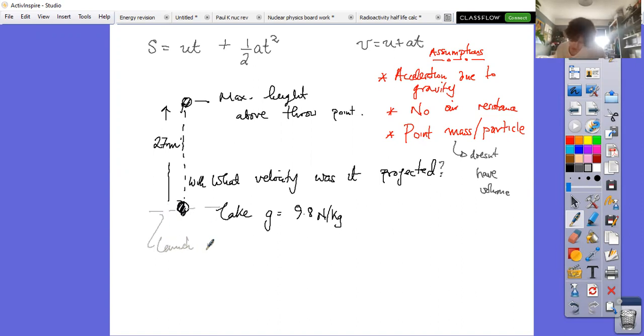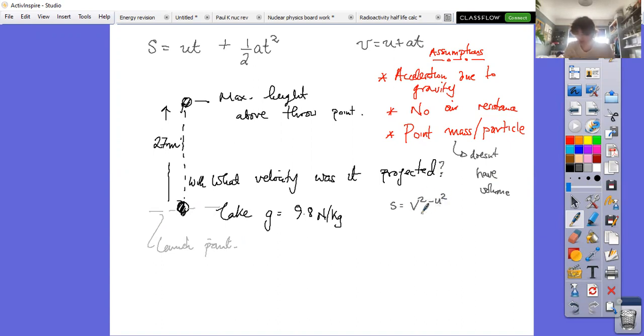I rearranged the SUVAT equation. S equals v squared minus u squared over 2a.